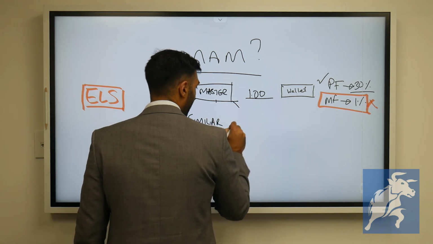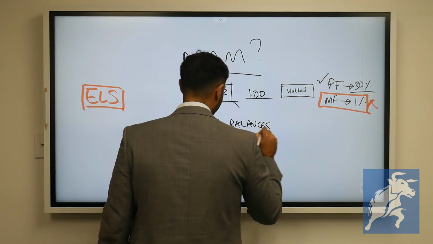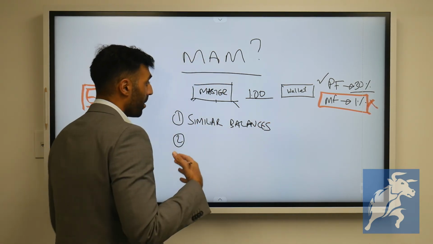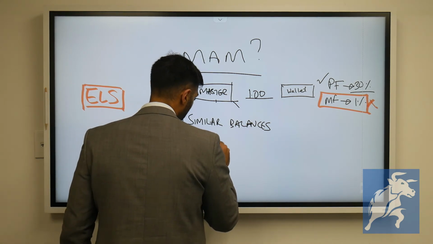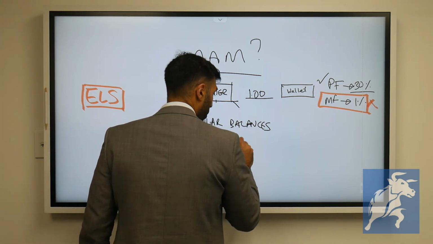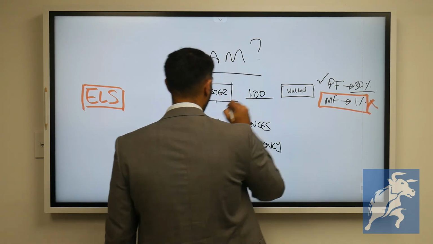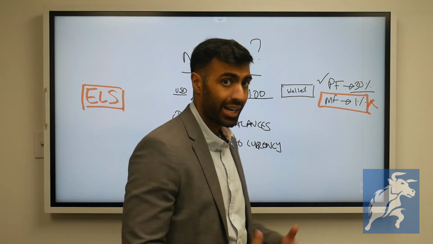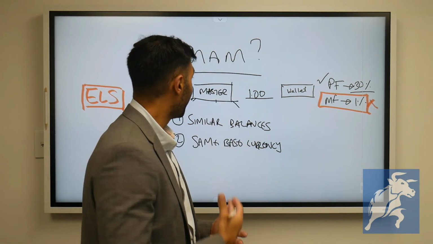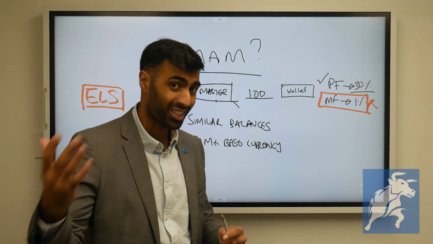When you do invite investors, it's important that they all have similar balances. Now, another thing that's important is for them to have also the same base currency. So sometimes when you have investors and they want to deposit in a currency that is not the currency of your MAM, your master, say that's in US dollars, and your investors have Australian dollars or euros or pounds, their performance may be subject to conversion.